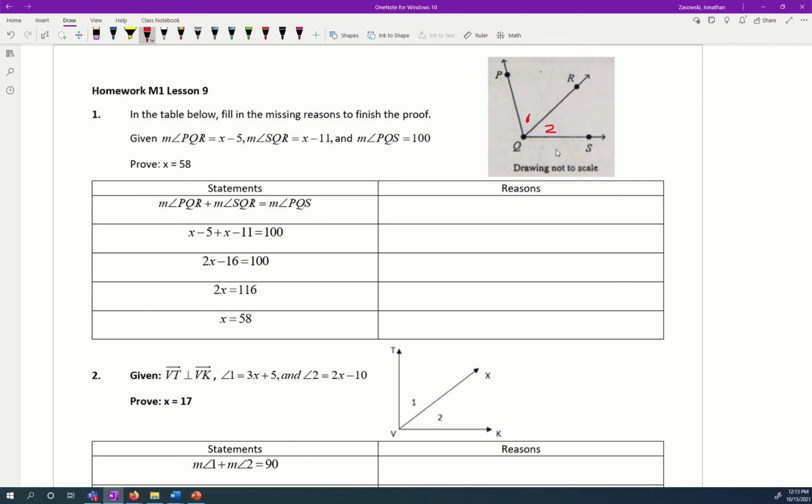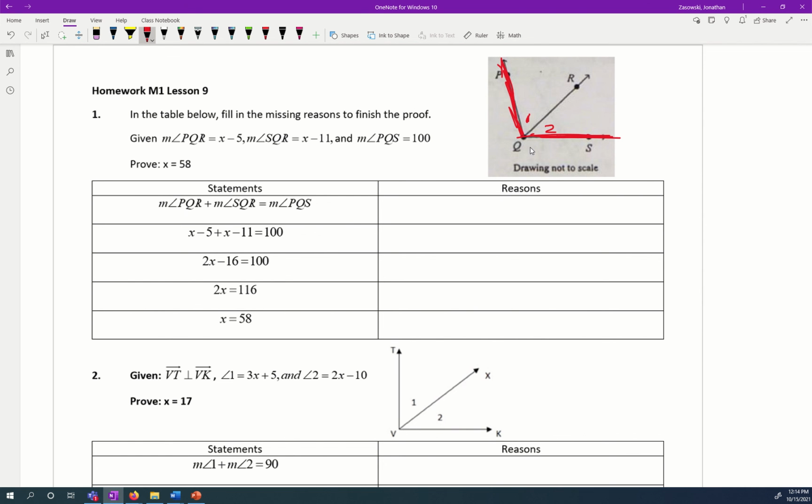If I were to add angle 1 and angle 2 together, what does that make? I see you tracing it with your pencil right now. What are you tracing? Sort of, right? An angle, what is this angle? Yeah, PQS, right? That's PQS.